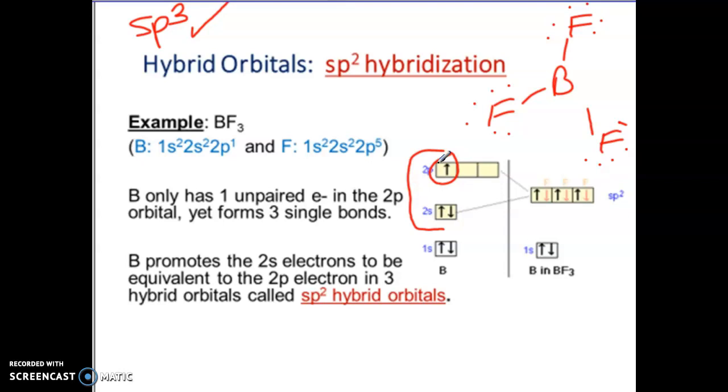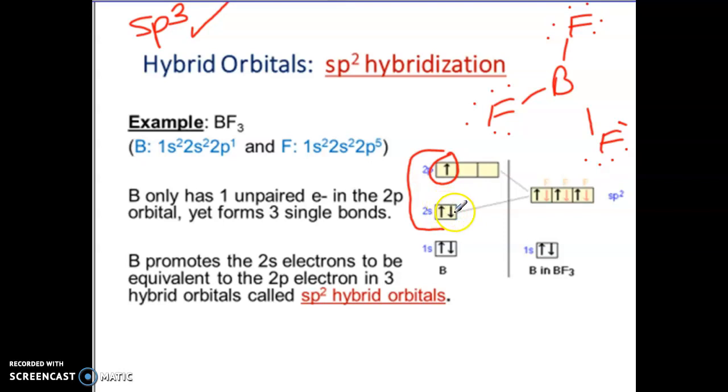So a signal to look for, how do you know if something is hybridized or not, is that the bonding capability does not match the number of half-filled orbitals that are in its atom. So boron has 1 half-filled orbital, but this is showing it can make 3. So that's how we know that we're going to hybridize these.